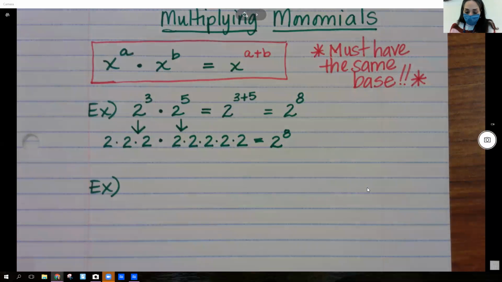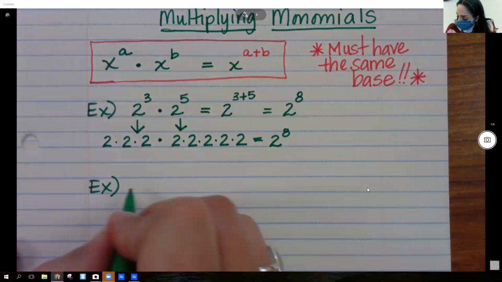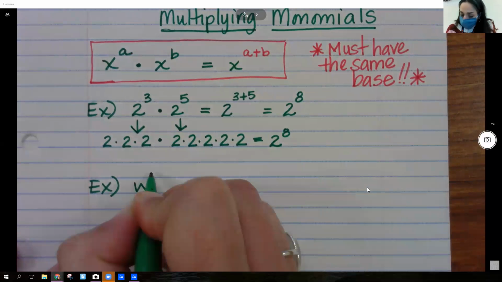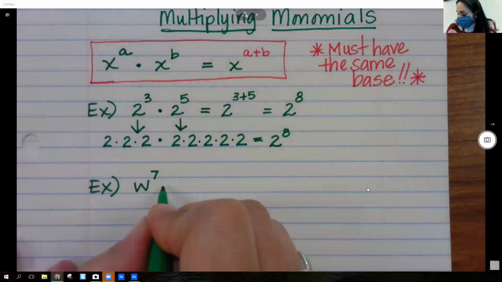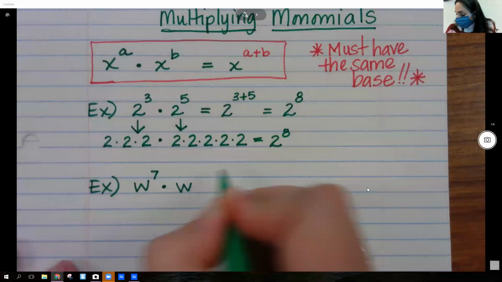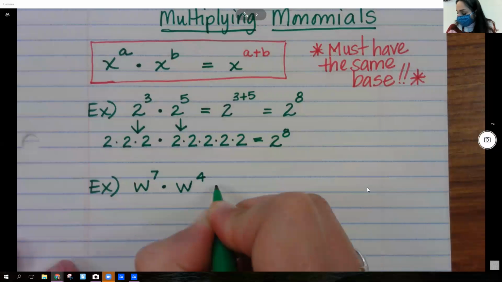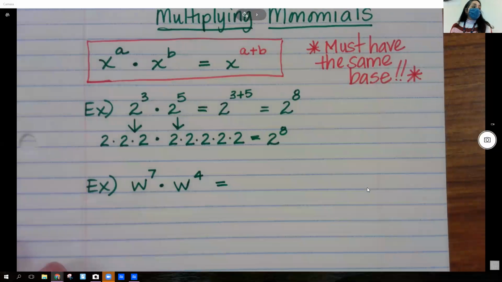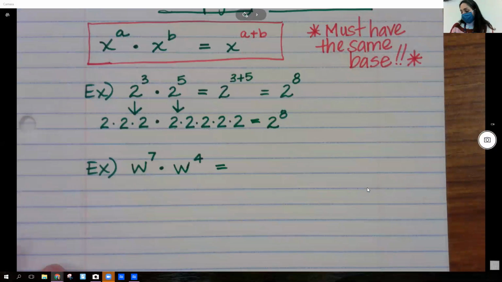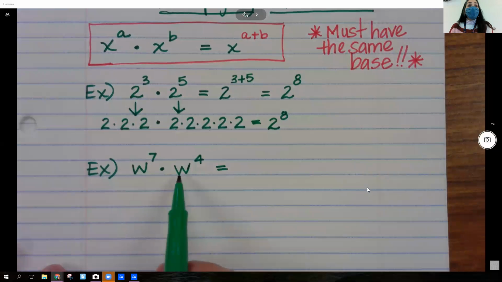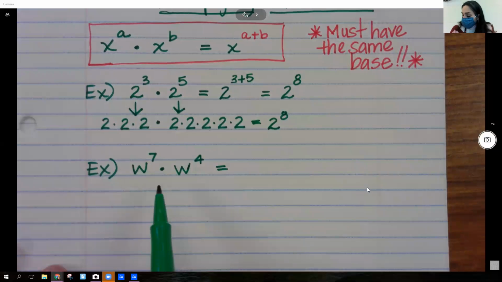All right, so let's do, how about this one? What if you had W to the 7th power times W to the 4th power? Okay, well, you're multiplying. You have the same base, which is W. So you're just going to do this rule.